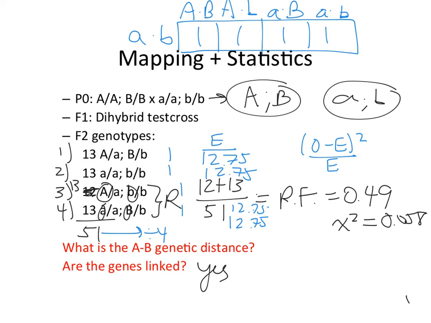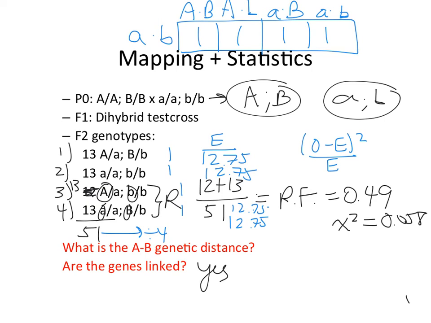So what 2 things do we need to figure out a p-value? I just gave you the chi-square value. We need to know degrees of freedom. How many degrees of freedom are there in this example? We have number of categories minus 1. So we've got 4.